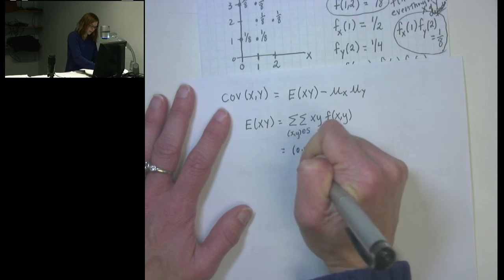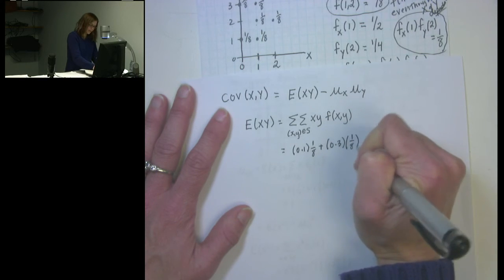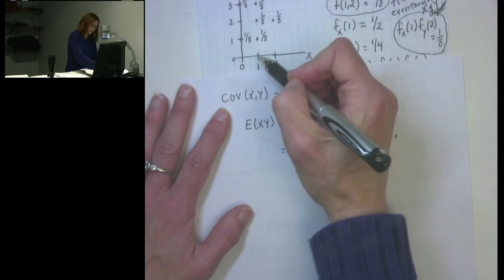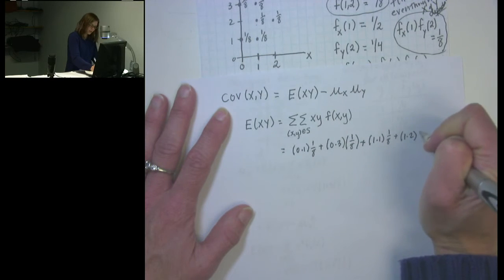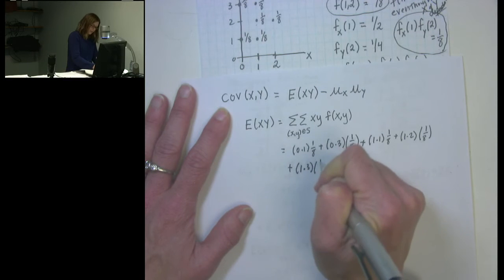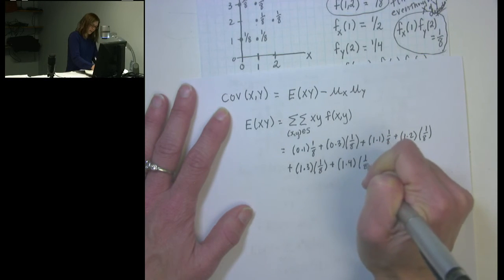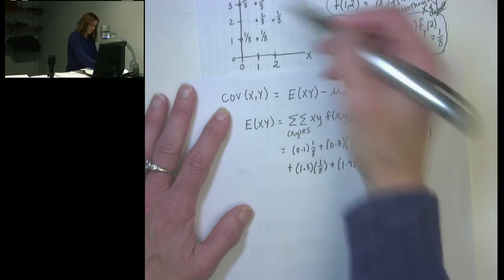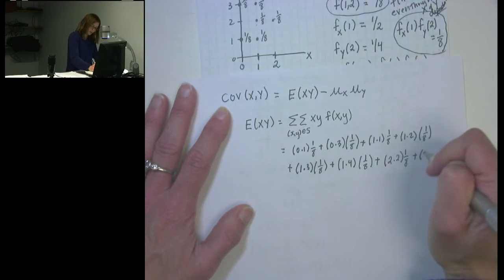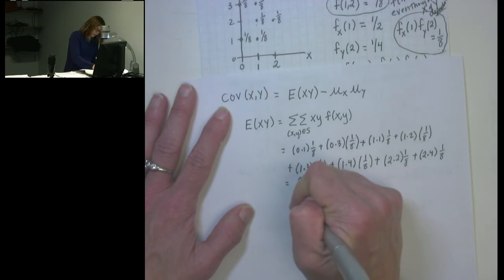So we've got 0 times 1 times 1/8 plus 0 times 3 times 1/8, then x equals 1 and y equals 1: 1 times 1 times 1/8 plus x equals 1 and y equals 2: 1 times 2 times 1/8 plus 1 times 3 times 1/8 plus 1 and 4: 1 times 4 times 1/8 plus, when x is equal to 2, we can have y equal to 2: 2 times 2 times 1/8 plus 2 and 4: 2 times 4 times 1/8, which gives us an expected value of x times y equal to 2.75.